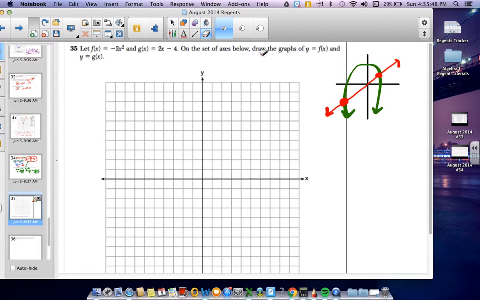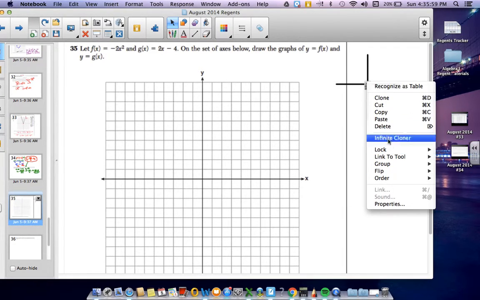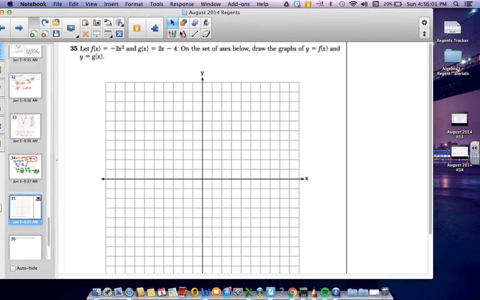Okay, so let's start with f of x. I'm just going to erase this so we have some room. So for f of x, we have the function negative 2x squared, and I'm going to graph that by making a table of values. Let's write it right here.